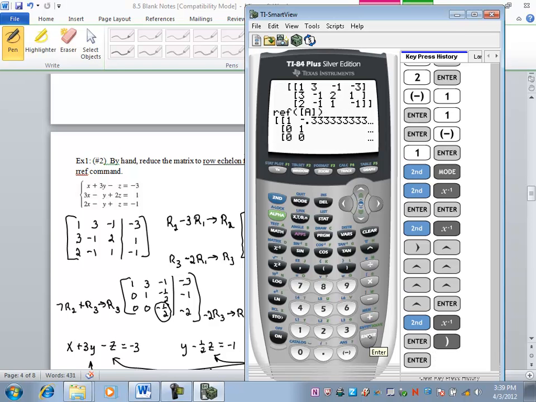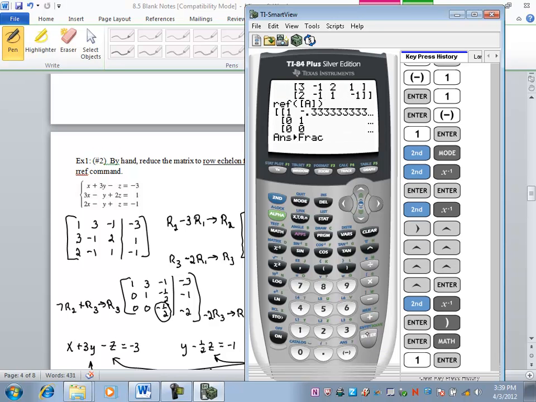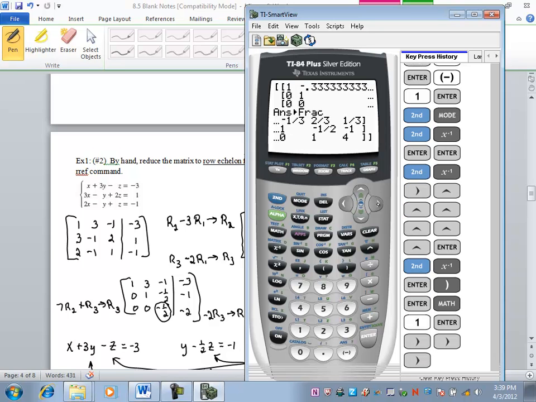And the other cool thing I can do here, folks, if I hit math and then option number 1, it's going to change any decimals I have into a fraction. And you'll notice that as we use the right arrow key here, you'll see the fraction showing up.